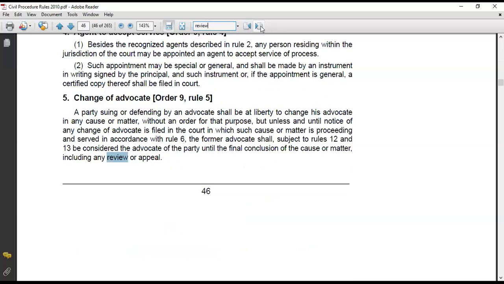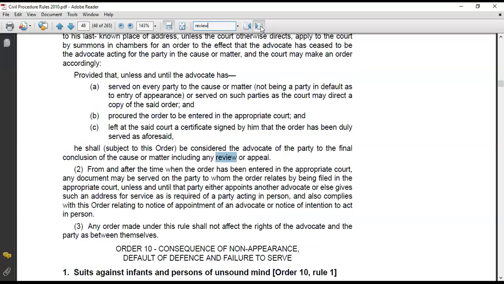There's a difference between review and judicial review. So don't confuse. Review, you can apply for review when a judgment is given or a ruling, but judicial review is another thing, Order 53.